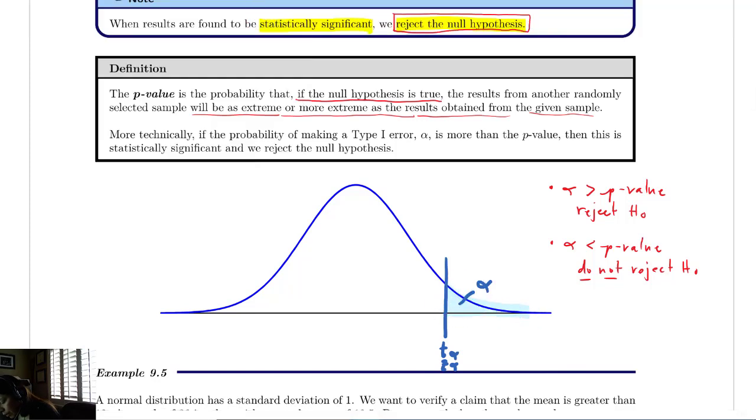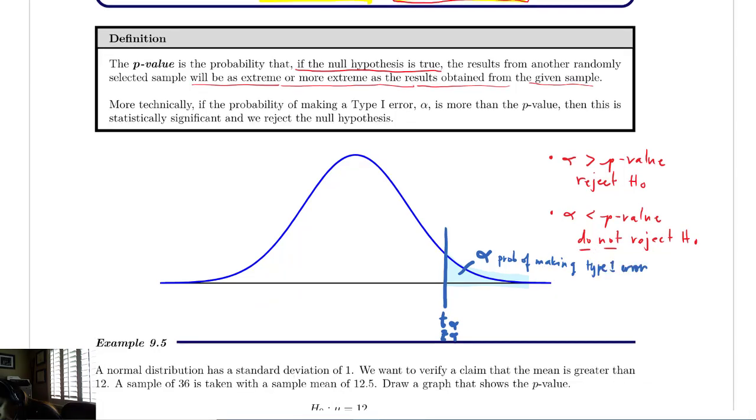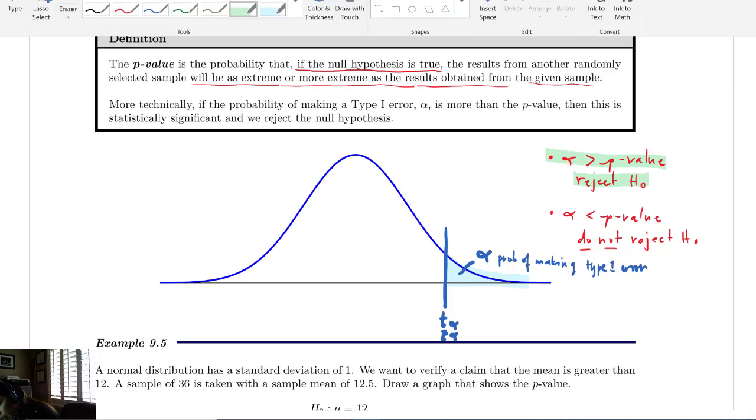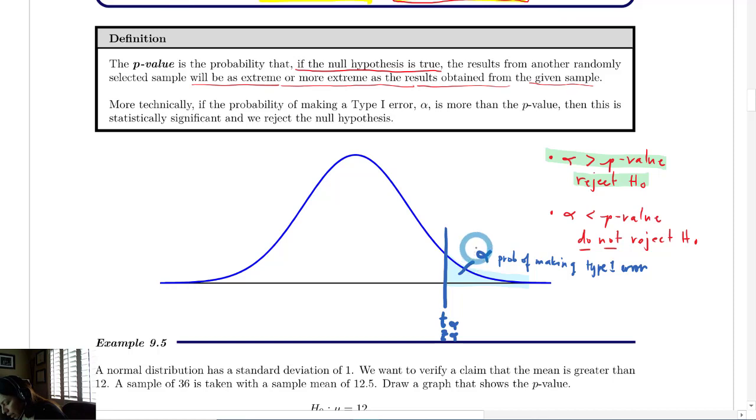So this is the probability, don't forget, of making a type 1 error. Okay, so let's do the first case, and I'll do that in green. So if the probability of making a type 1 error is greater than the p-value, so the probability or the area here will be less than alpha, right? Let's say it's here.